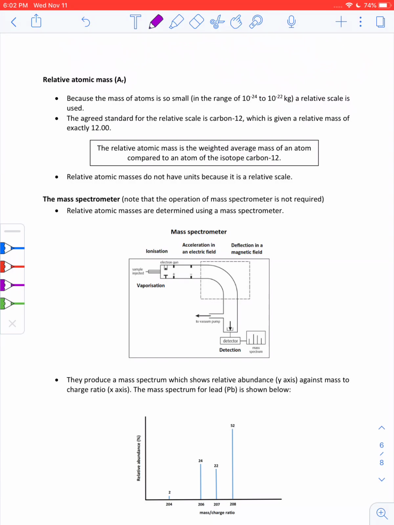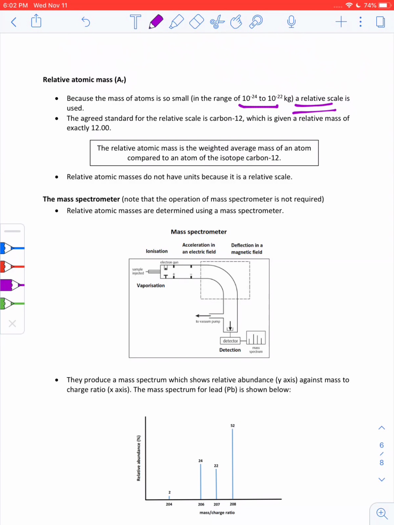So, atoms, as we know, are very, very small. As we can see here, they're somewhere between 10 to the negative 24th and 10 to the negative 22nd kilograms, depending on which element we're talking about. Because they're so small, we use a relative scale, relative meaning that we're comparing it to something else.